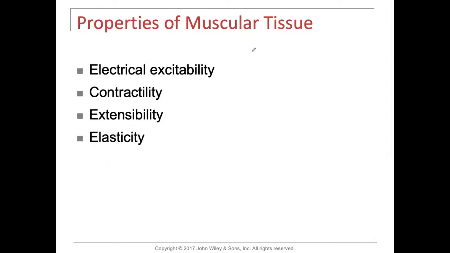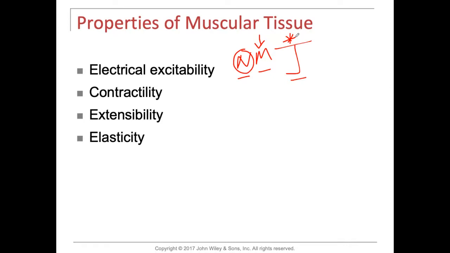Now, some of the properties of muscle tissue: muscles are electrically excitable. We're going to talk about the neuromuscular junction today, the NMJ. Neuro for nerve, muscular for muscle, and junction is where they come together. So the neuromuscular junction is where the nerve and muscle meet.